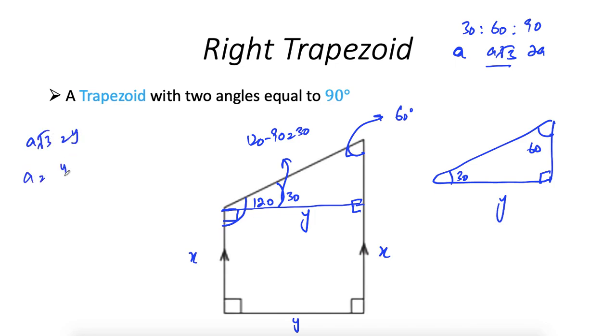So a will be y by root 3. In front of 30 degrees, I have a, so this will be y by root 3. And in front of 90, that is 2a, so 2 times y by root 3. So just remember, in this scenario, you need to divide this into a rectangle and a triangle, and you can find the perimeter as well as the area.